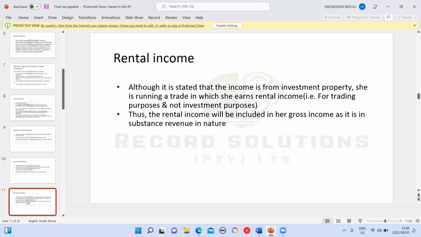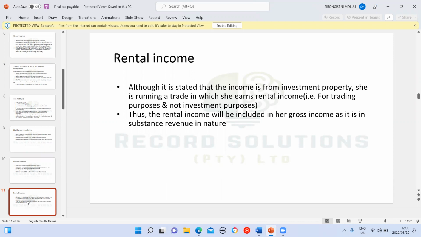Although it is stated that income is from investment property, a person who has investment property and earns rental income is considered to be running a trade. So it will be for trading purposes and not for investment purposes.